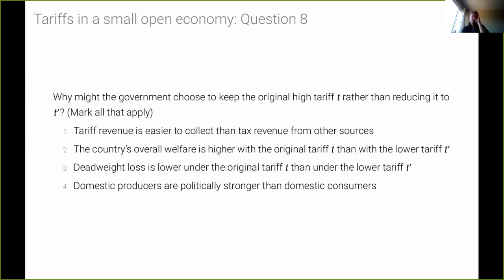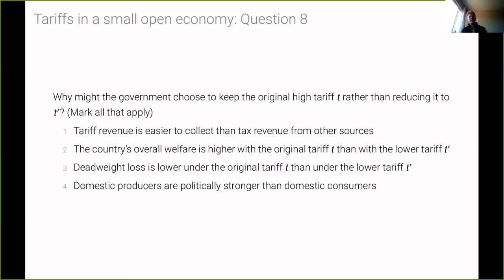You apply the tariff to goods that are coming in at the border, and that might be easier than, for instance, a tax system where it's unclear whether people are reporting their income correctly. It is easier to collect than revenue from other sources. So that's certainly a possible answer.